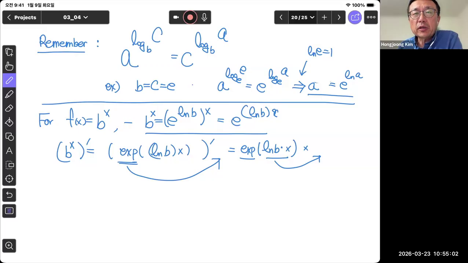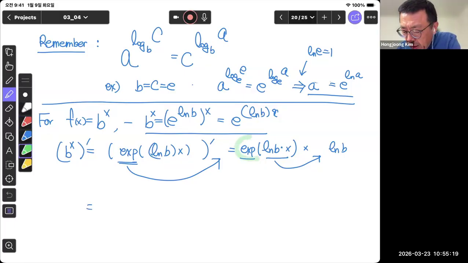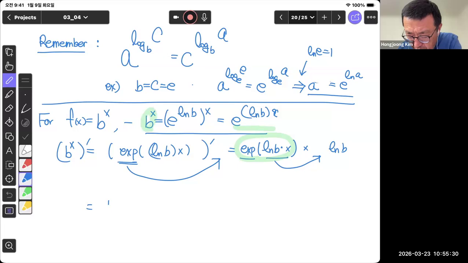So if you differentiate 2x, you get 2. If you differentiate 3x, you get 3. So if you differentiate ln b times x, you get ln b, right? And this e to the ln b times x is just b to the x.